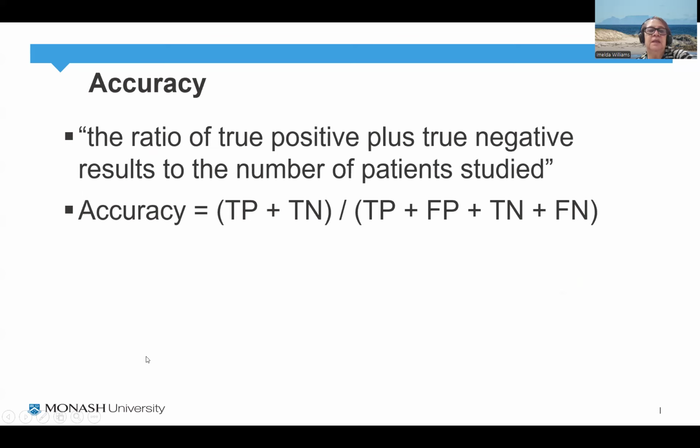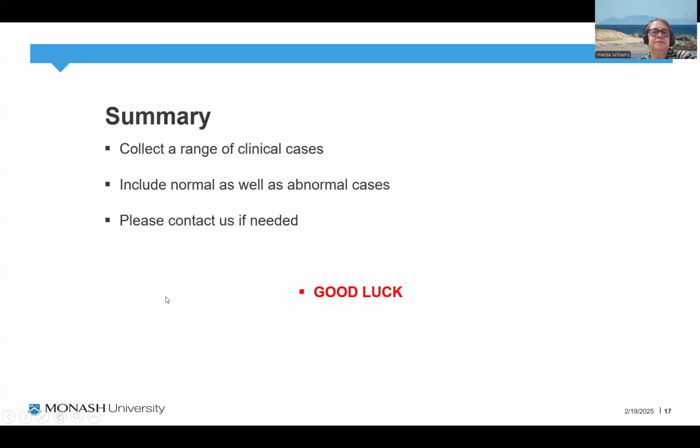So the accuracy is a ratio that displays how well you are in identifying pathology, as well as how well you are at identifying that the cases are normal. So it gives an overall reflection of your image interpretation skill.